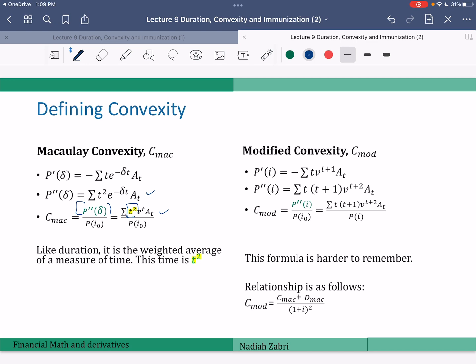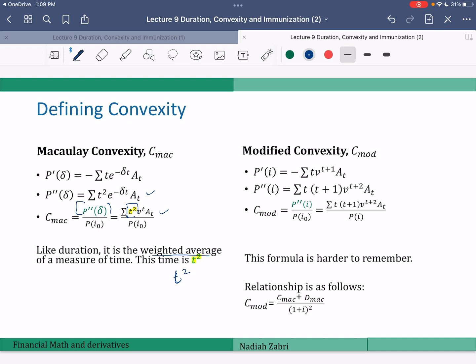So for Macaulay convexity, basically it is just the weighted average of t squared instead of a weighted average of t. All else being equal, you just change the t to t squared. So it's easier to say what Macaulay convexity is.